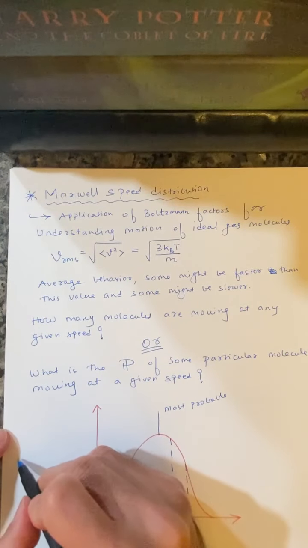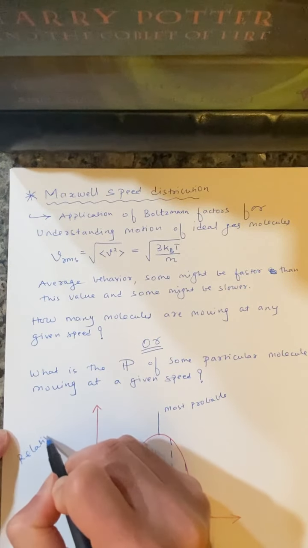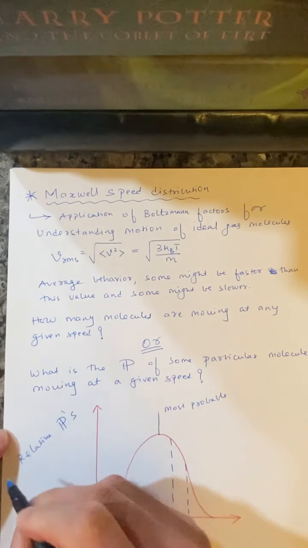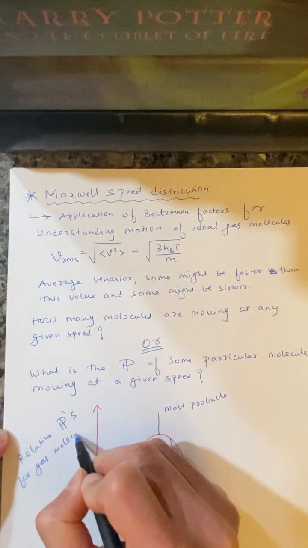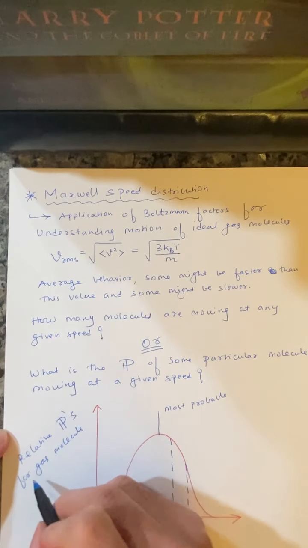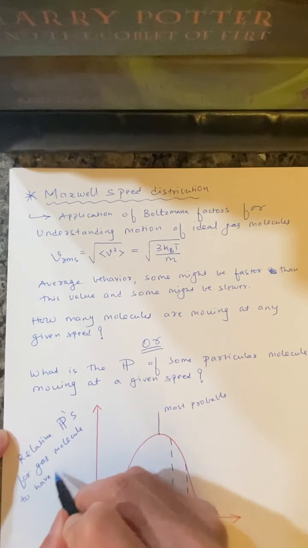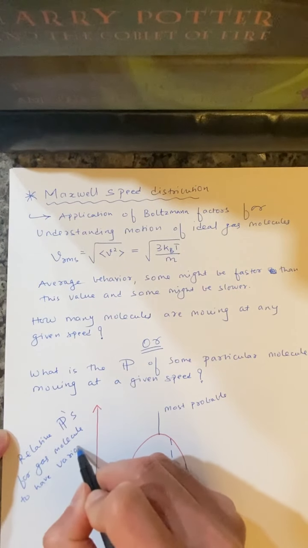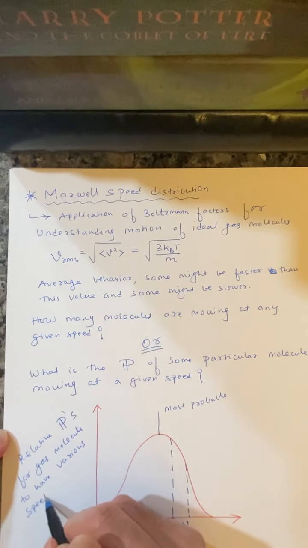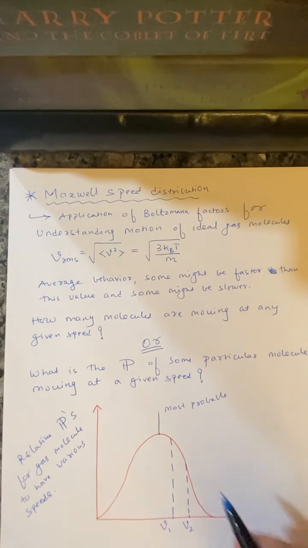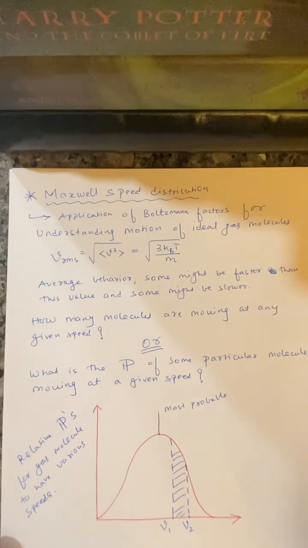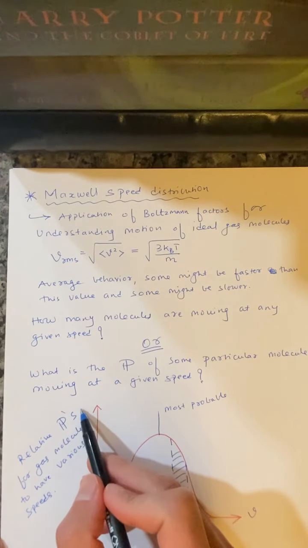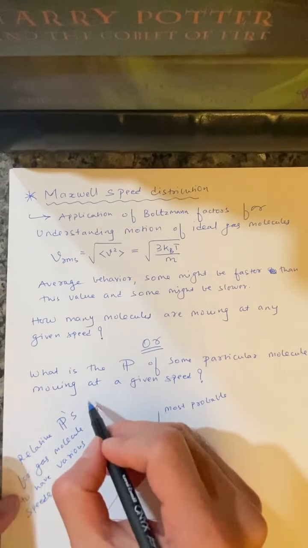This side is the relative probabilities for a gas molecule to have various speeds. This is meters per second. This is almost 1 over meters per second. This is a distribution function.